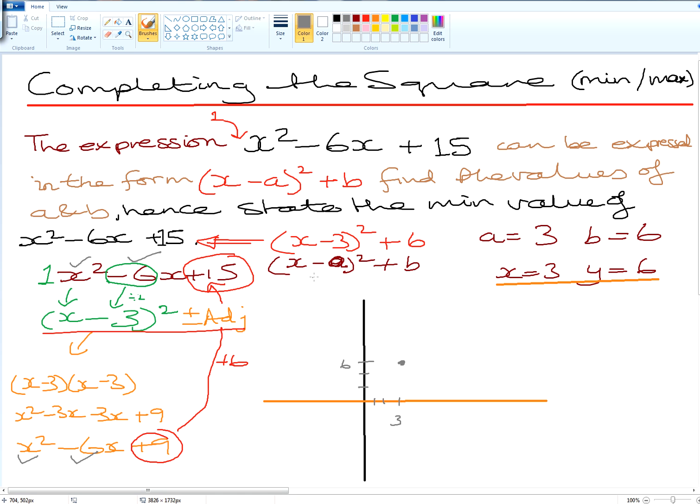It's going to be slightly wobbly because it's a bit difficult for me to draw nicely, so please make yours nice. There we go. So this point here is the minimum point. So the coordinate is 3, 6. That's what we actually just worked out.